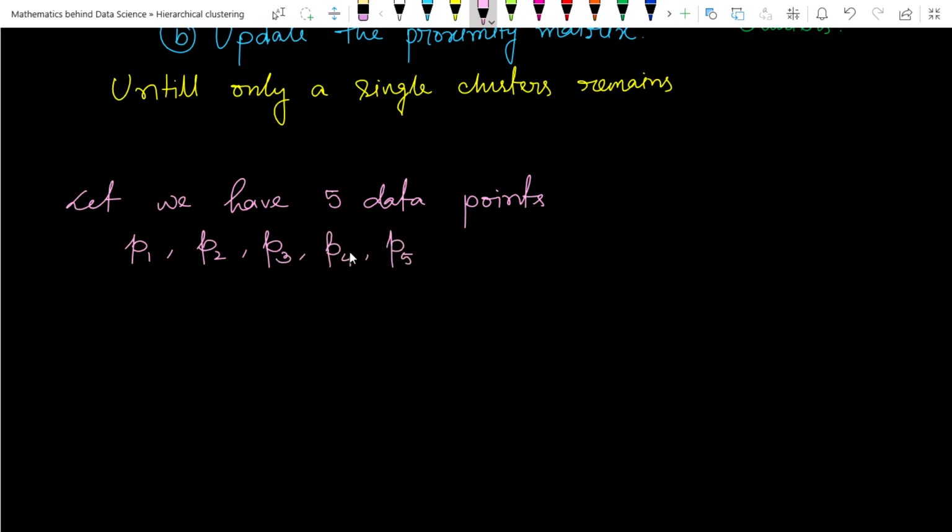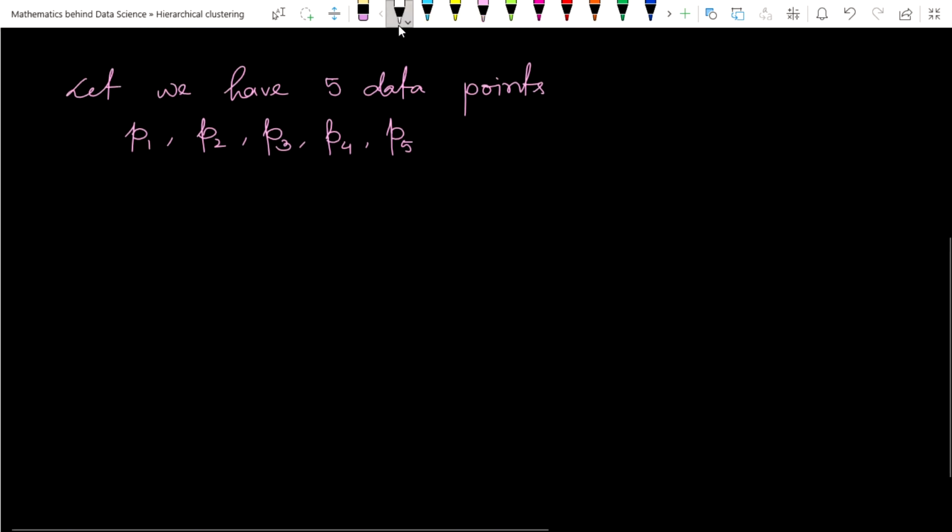These 5 data points we have in our data set, in the initial stage.